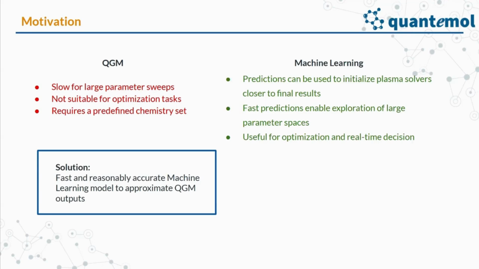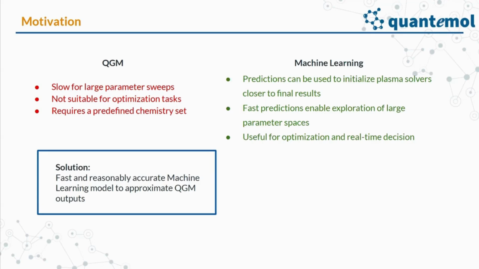Also, once the machine learning model is trained, it's able to predict the outputs for a large set of input conditions very fast. So it makes the solution suitable for optimization tasks and real-time decision making when response time is critical.